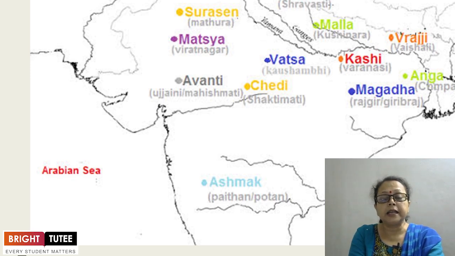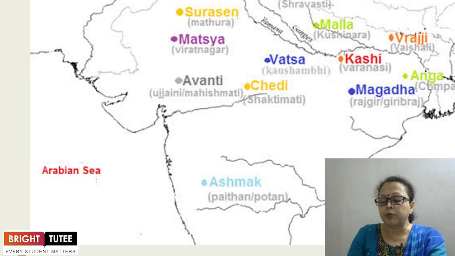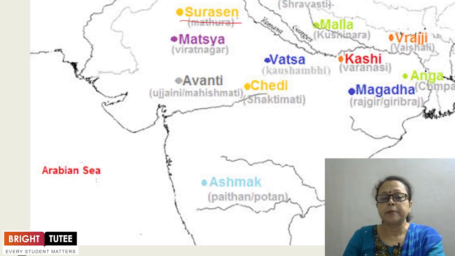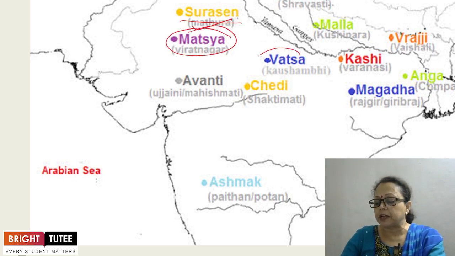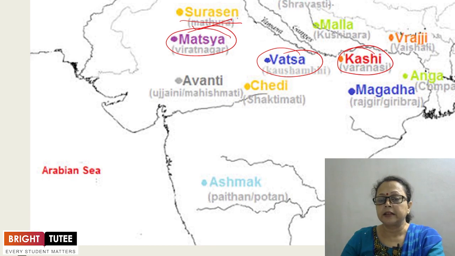Accordingly, some of the very important states are Surasena, which is present day known as Mathura. Then we have Matsya, Vats, then Kashi, the new name of Kashi is Varanasi. Brajji is also there. New name is Vaishali, very famous.